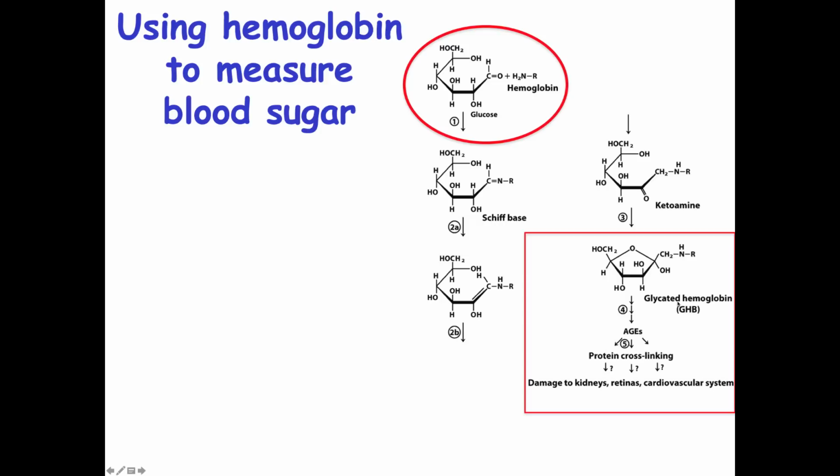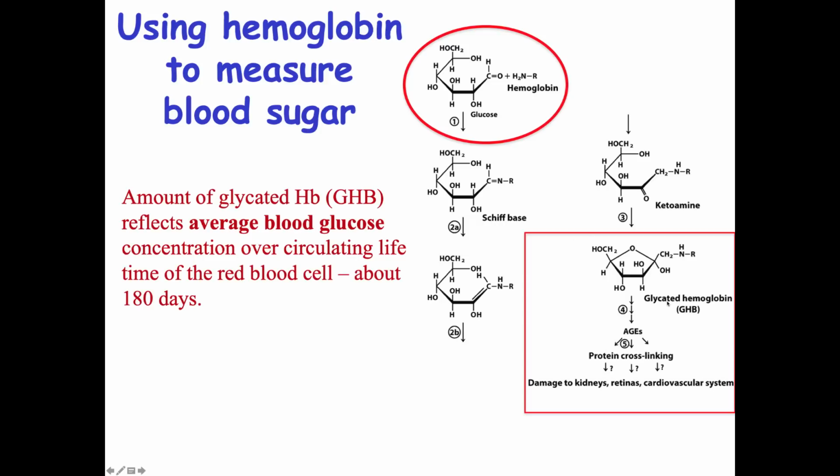So the amount of this glycated hemoglobin is related to the amount of circulating glucose. This modified hemoglobin can be separated from unmodified hemoglobin based on differences in charge. Normally, glycated hemoglobin runs about 5%, and in untreated diabetics, it can be as high as 13%.